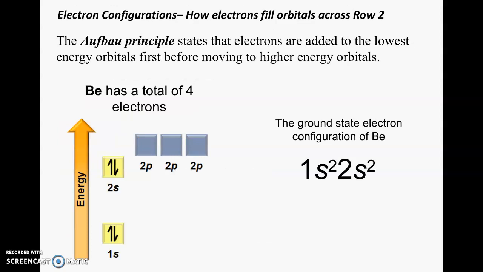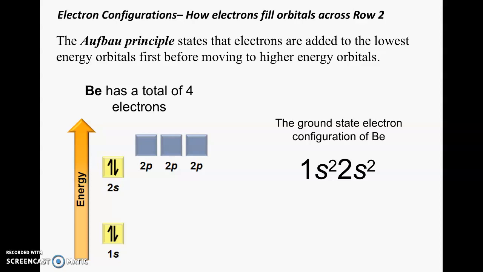Beryllium has 4 electrons, and so this is a 1s2, 2s2. Once again, it follows that Aufbau principle, and you can see that the Pauli exclusion principle is also met because those electrons, the 2 in the 1s and the 2 in the 2s, are spin paired.